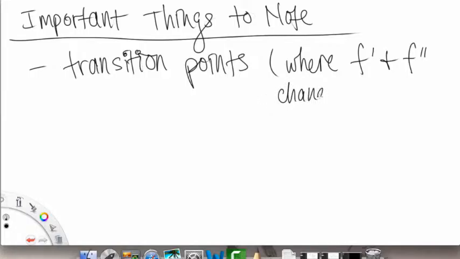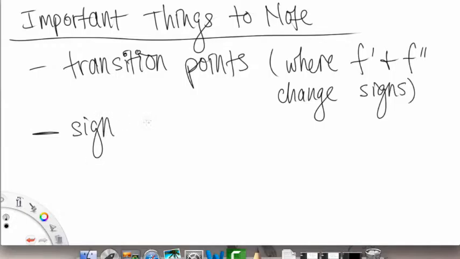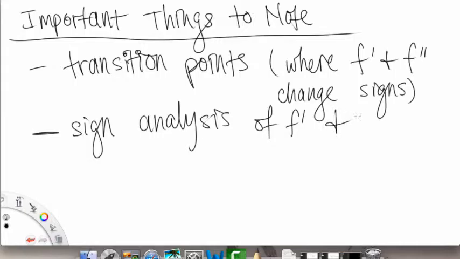Where they change signs, those are really important. Then there's sign analysis: knowing when f prime and f double prime are positive and negative, on what intervals.